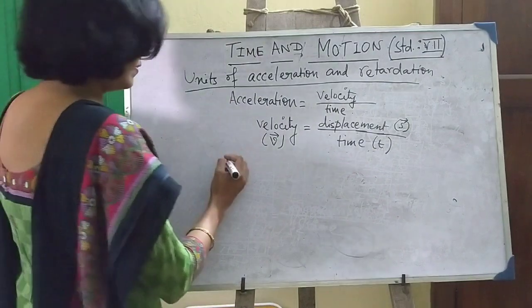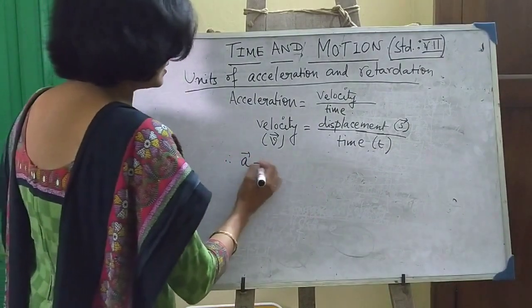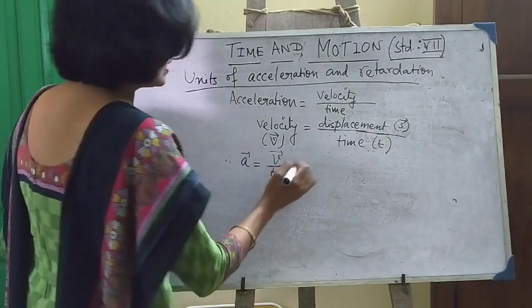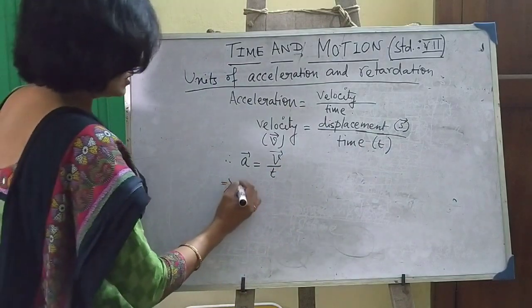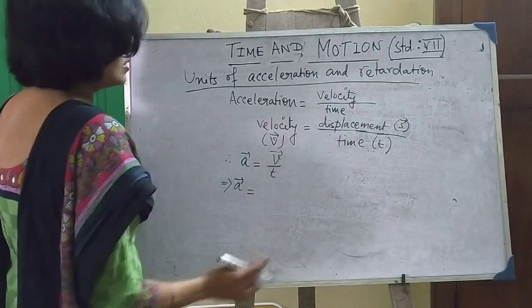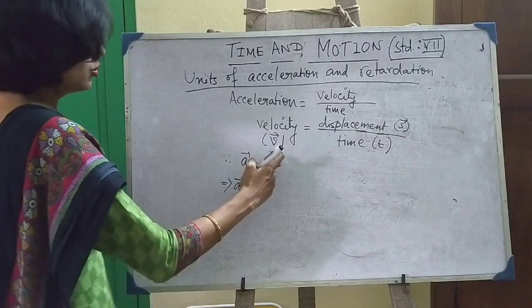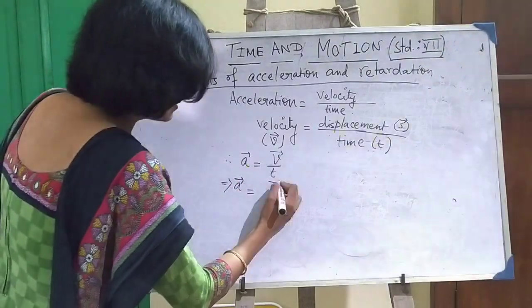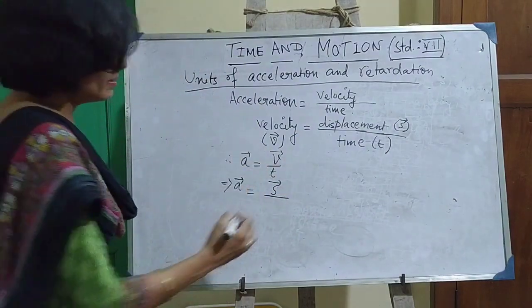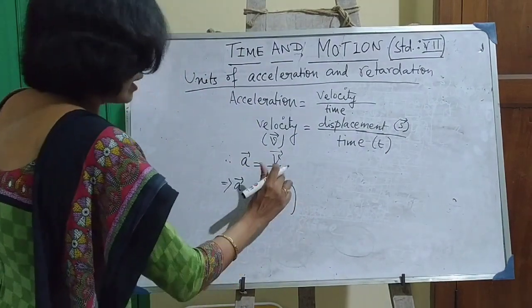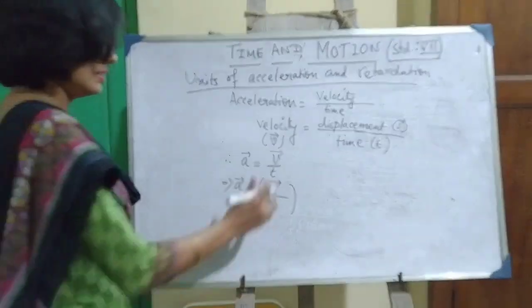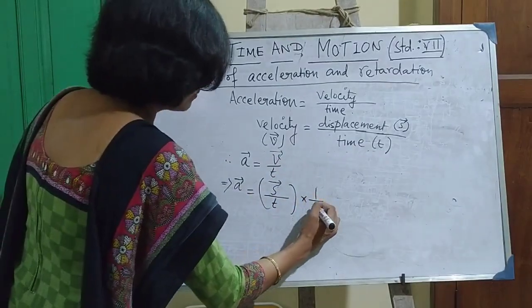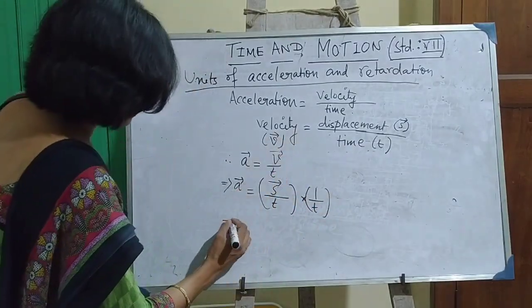Okay, so we can write that acceleration is equal to velocity by time t. Velocity is displacement by time, so instead of velocity v, we can put small s, displacement, divided by time t. Another t is there in the denominator, so multiplied by 1 by t.